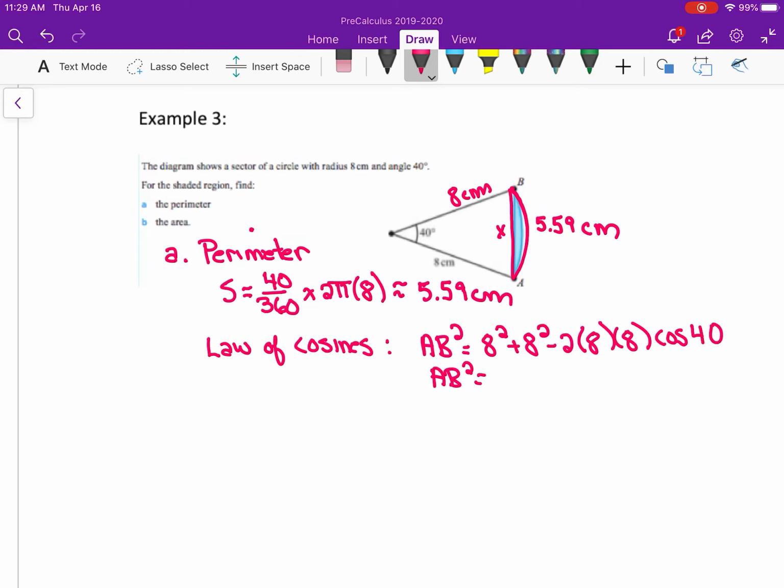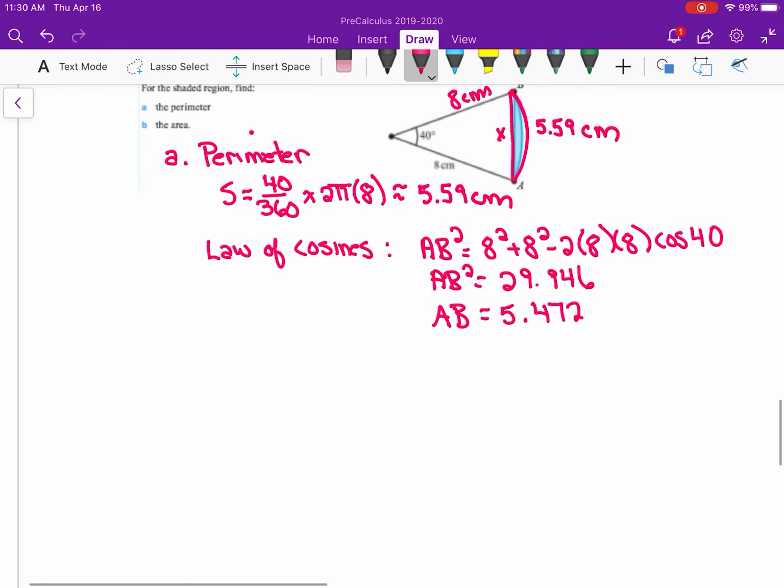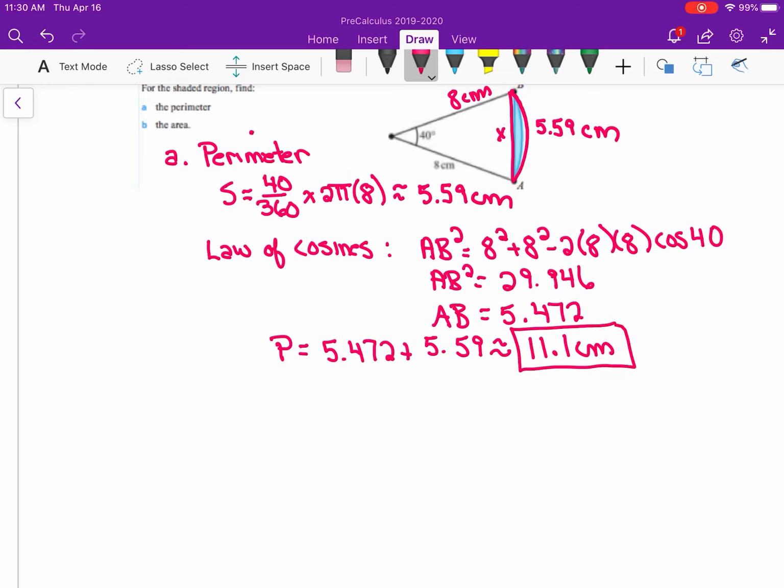You put all that in your calculator, and you get AB squared equals 29.946, or AB equals about 5.472. So we can find the perimeter just by adding that piece, 5.472, plus the length of the arc, which is 5.59, and we get about 11.1 centimeters. So that is the perimeter of that piece.